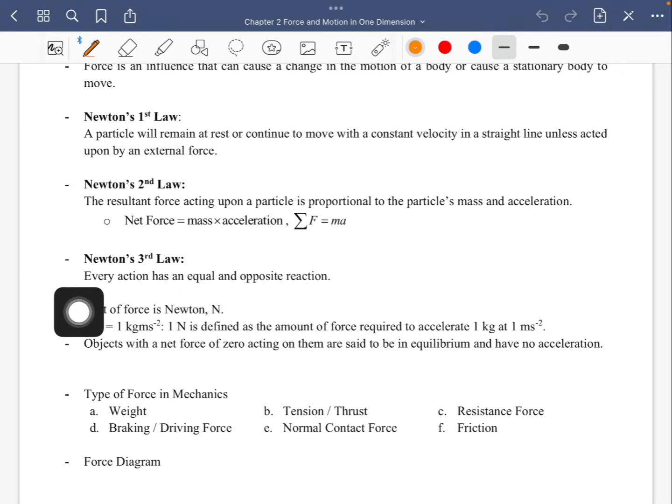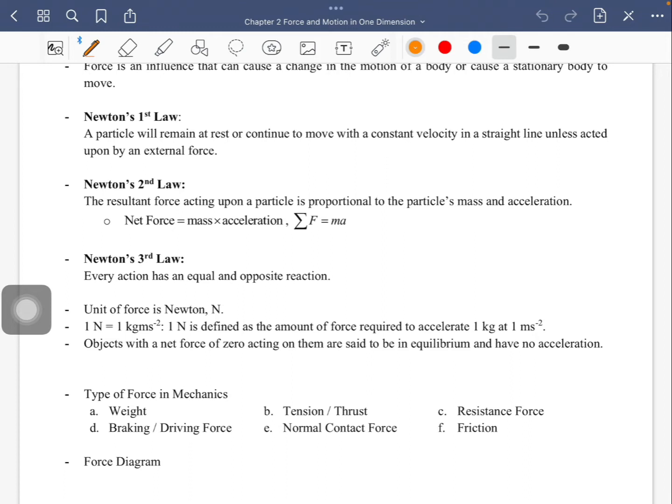For example, if you push a wall with your hand, you put force on the wall, and the wall reacts with an equal and opposite force on your hand.